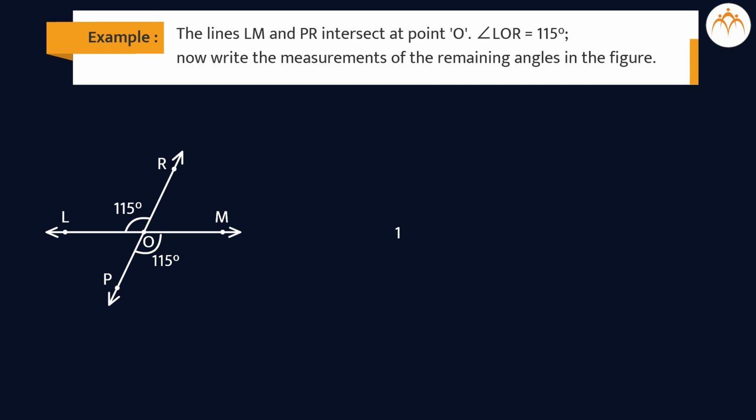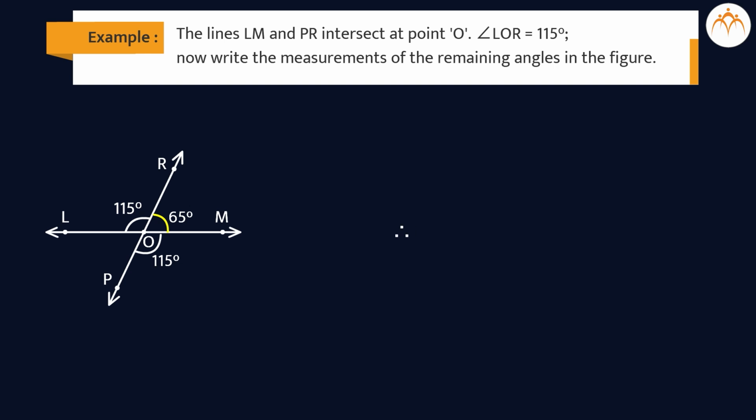So, 115 degrees plus angle MOR is equal to 180 degrees. Therefore, angle MOR is equal to 180 degrees minus 115 degrees. Therefore, angle MOR is equal to 65 degrees. This is equation 2. Angle MOR is congruent to angle LOP.